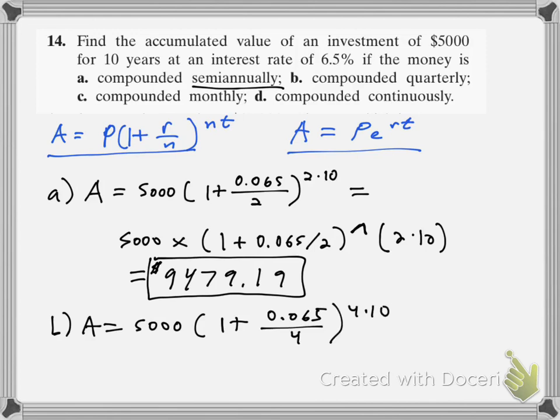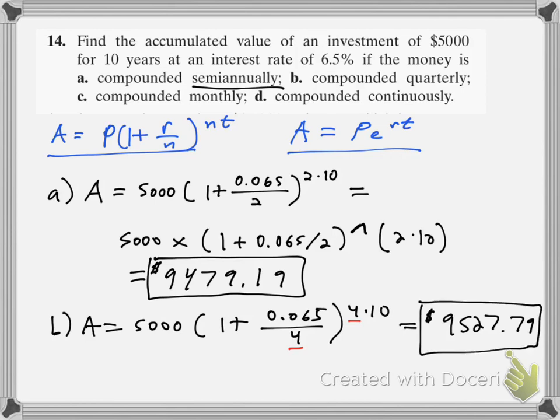Change the N to 4, so I change it both here and here, you see an N. If I just hit second entry on my calculator, I can actually just go up and edit the last entry and change the 4 in both places, and I get 9527.79 for that one.